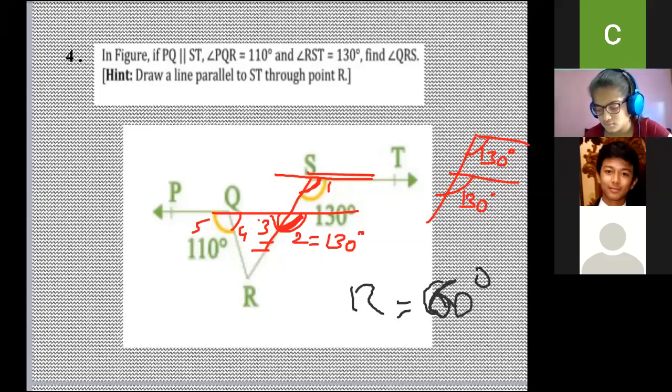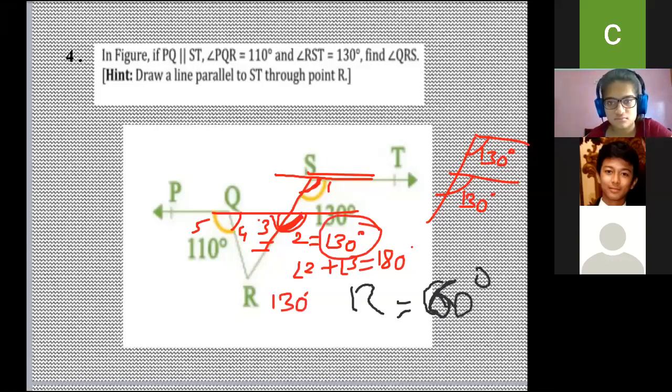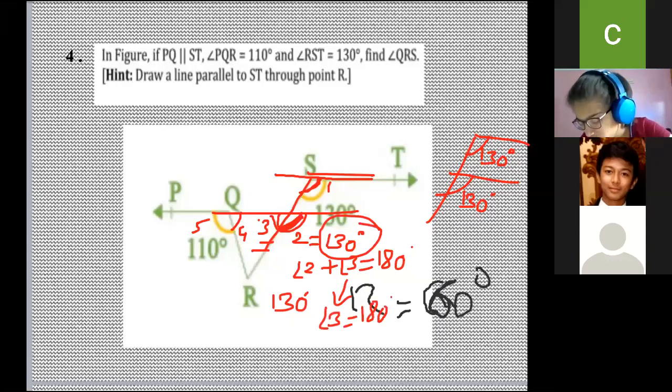The sum of angle 2 and angle 3 gives 180 degrees. We know angle 2 is 130 degrees, therefore angle 3 equals 180 minus 130, which gives 50 degrees.